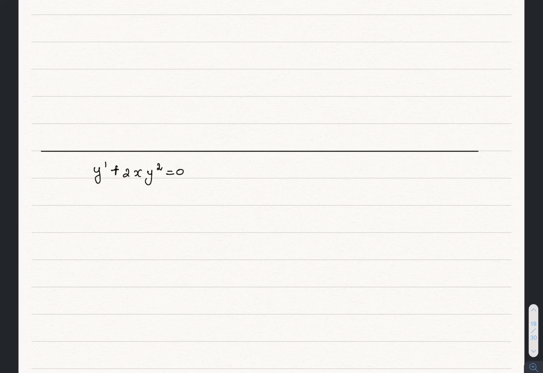Go verify this as a differential equation, not an initial value problem, right? This one has a one parameter family of solutions, and that one parameter family of solutions is y is equal to 1 over x squared plus c. That's your one parameter family of solutions.